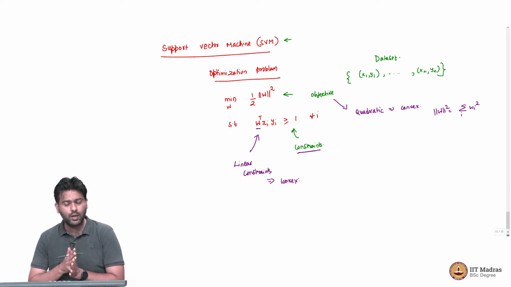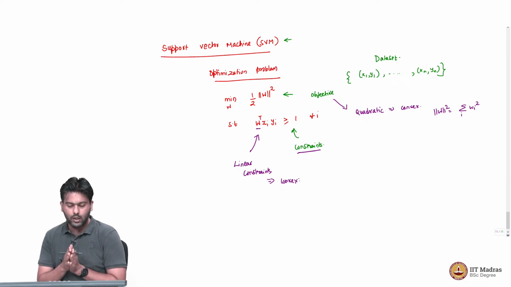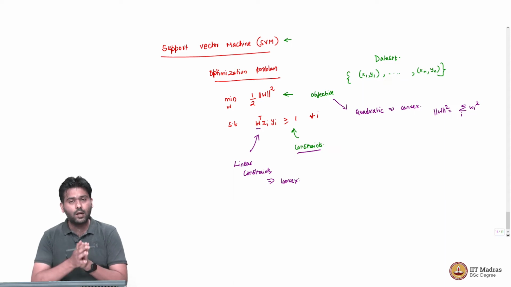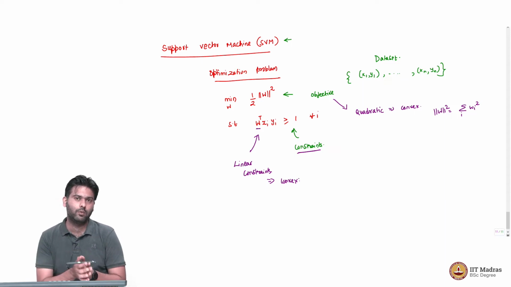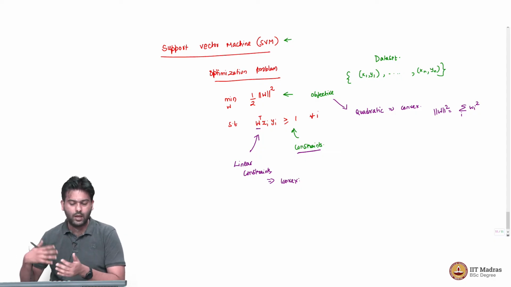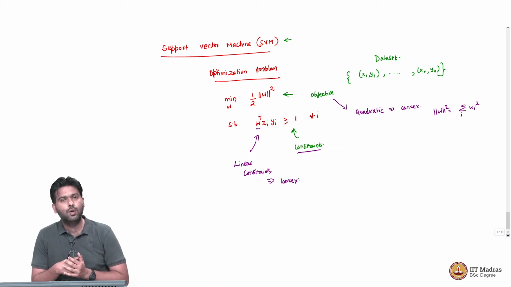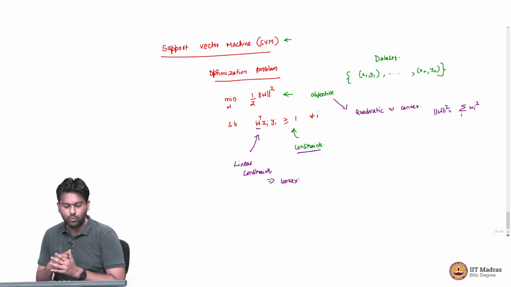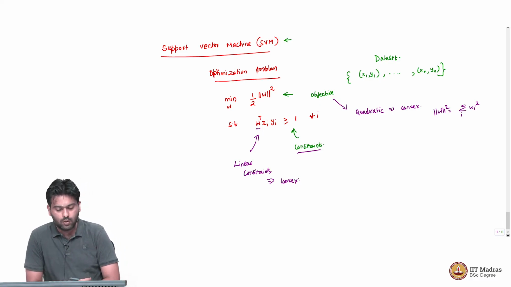And it turns out that when you encounter the support vector machine algorithm in a full formal course, you will realize that there are several benefits of solving the dual problem as opposed to solving the primal problem. In particular, it will help one go from linear models to non-linear models in a very smooth way, and all these will be covered in the machine learning course.